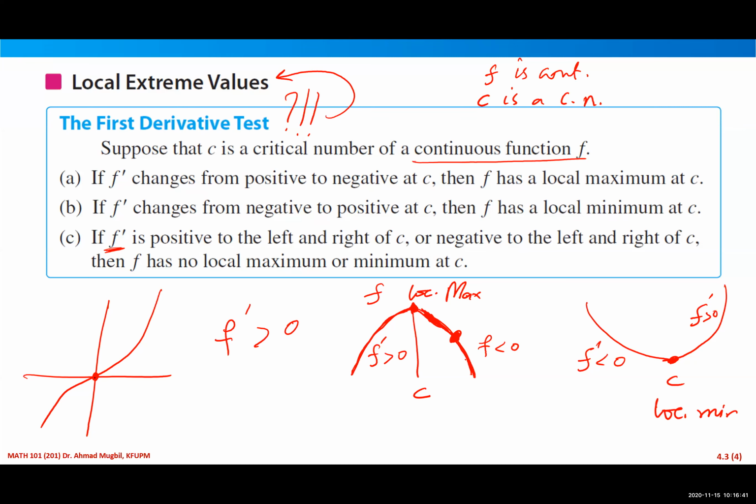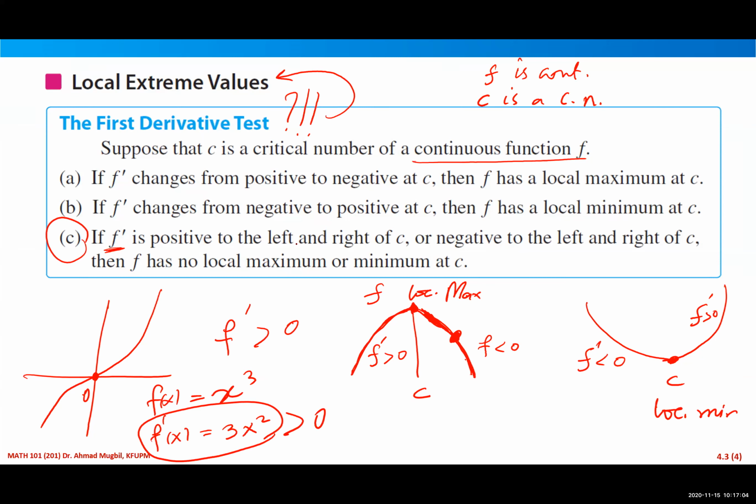Is that right? Yes. But does the derivative change from positive to negative or not? No. Look at x cubed. This is x cubed, f of x. Take the derivative. What is it? 3x squared. Always what? Positive. Always positive. So it is the third case.